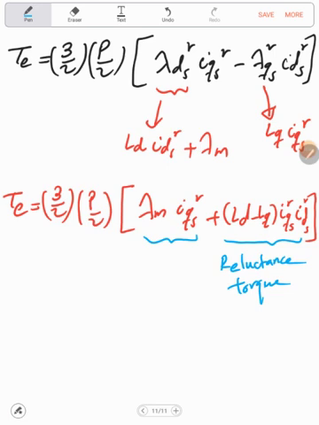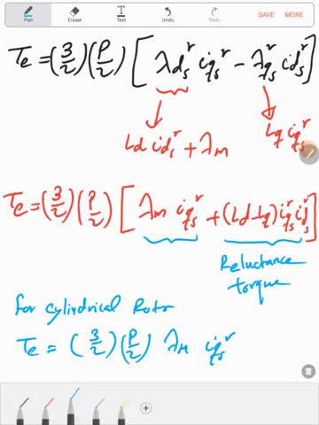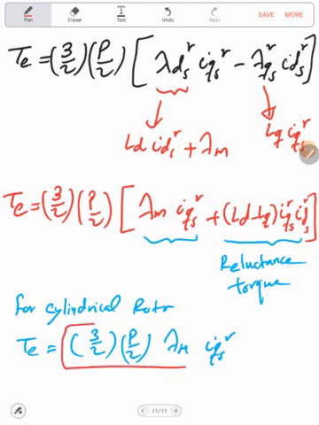So if the machine is cylindrical, which means that LD is equal to LQ, only we have this term here. So for a cylindrical rotor, TE will equal 3 over 2 P over 2 lambda m IQSR, and simply this term is constant.